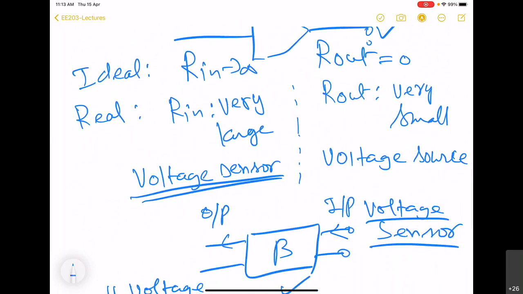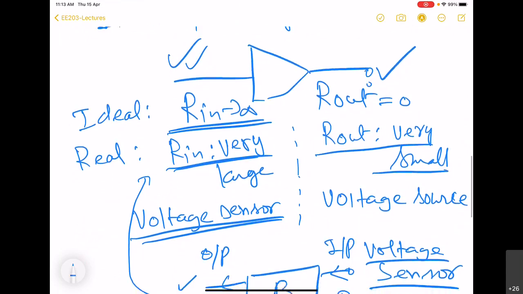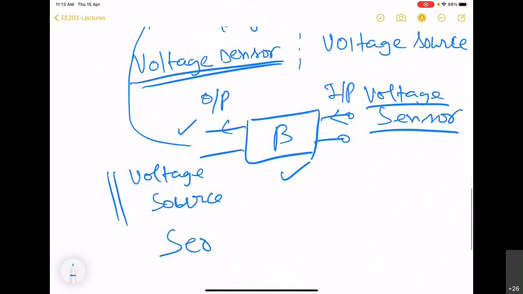So this connection from feedback network to amplifier should be in series so that we can add the voltage produced by feedback to the voltage that it is already sensing from the external source. And that is why this condition, that input impedance is very large or ideally infinite and output impedance is very small, leads to this connection: series on the input side and shunt on the output side.